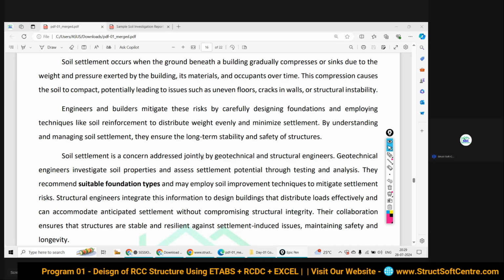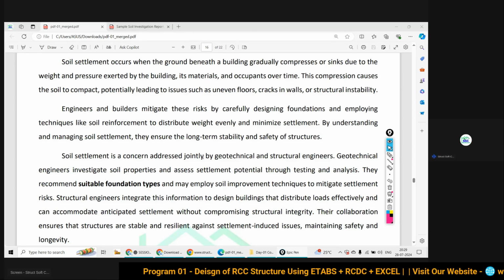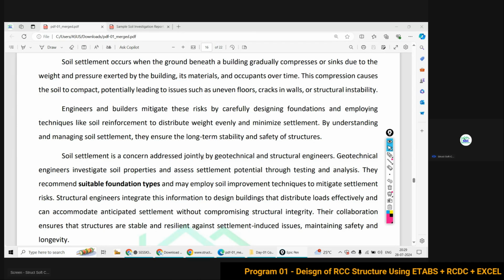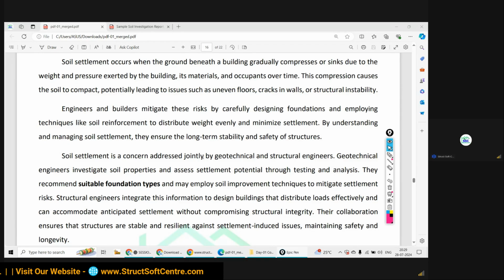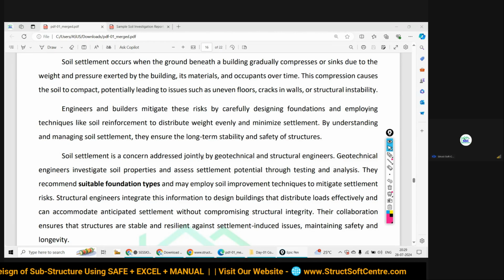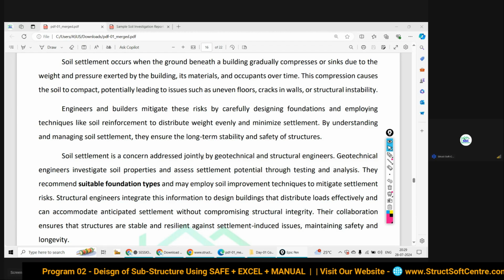That's why we are allowing this settlement. If the overall response were in our hand, as with other elements like concrete and steel, we would not allow settlement, but that is not in our control. That's why we allow some extent of settlement in the soil mass under the application of loading.